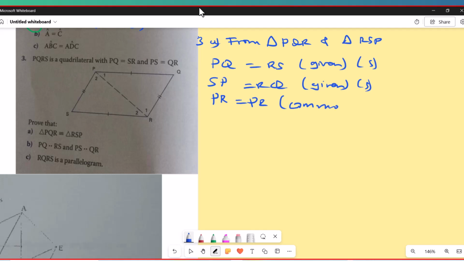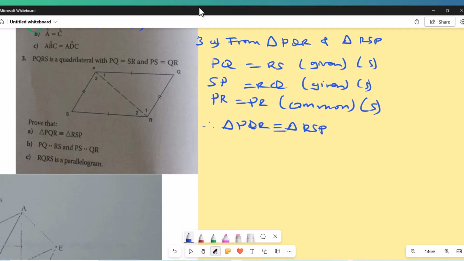We see it is common, and it is a side. Okay. So now, therefore, triangle PQR is congruent to triangle RSP. Who can give us a reason here? What's our reason going to be here now? Side. Yes, side.